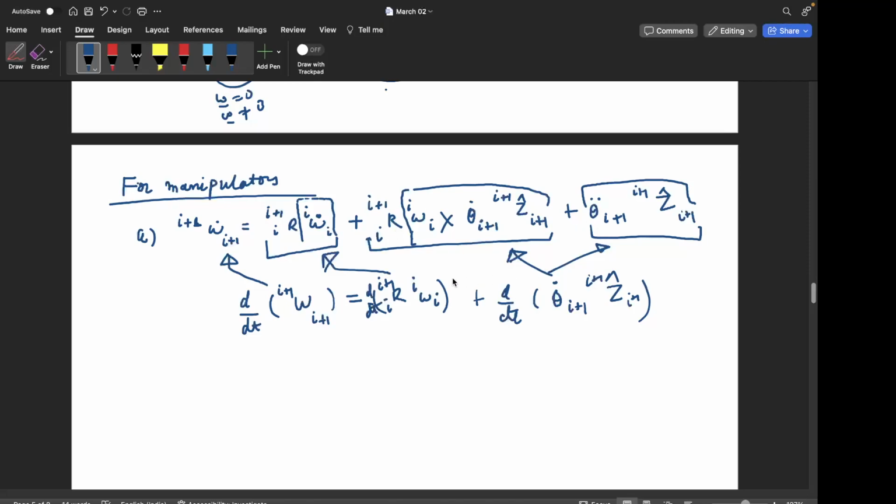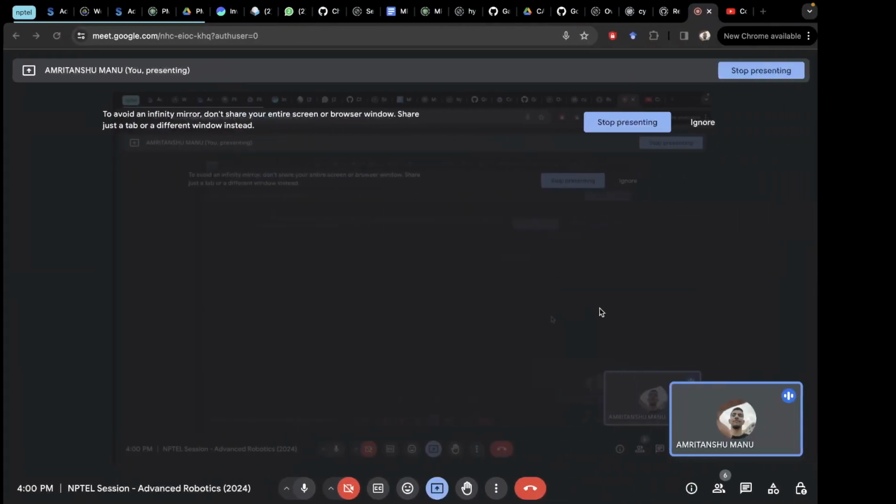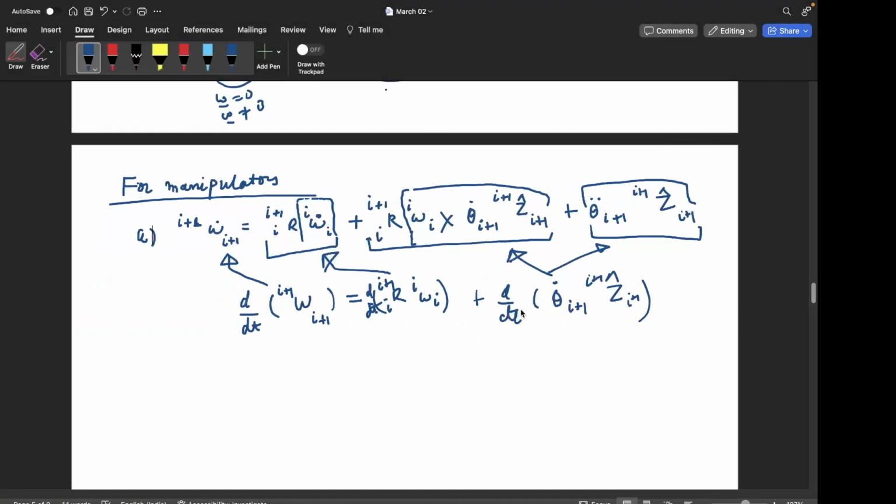Okay, so again, as I mentioned before, be very careful. Even if you see somewhere that the magnitude of omega is not changing, it does not mean that angular acceleration will be zero, because the direction of omega might be changing, and that change in direction will be causing non-zero angular acceleration. Okay, just as I mentioned for linear velocity also. So always take care of change in directions also, they also contribute to the acceleration.